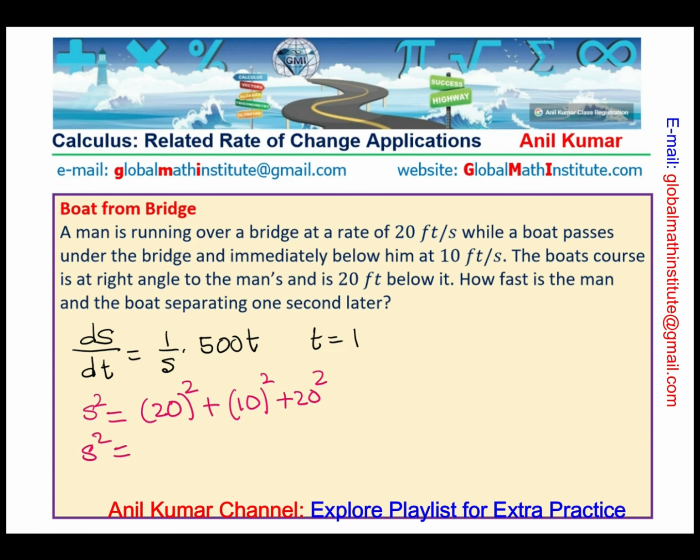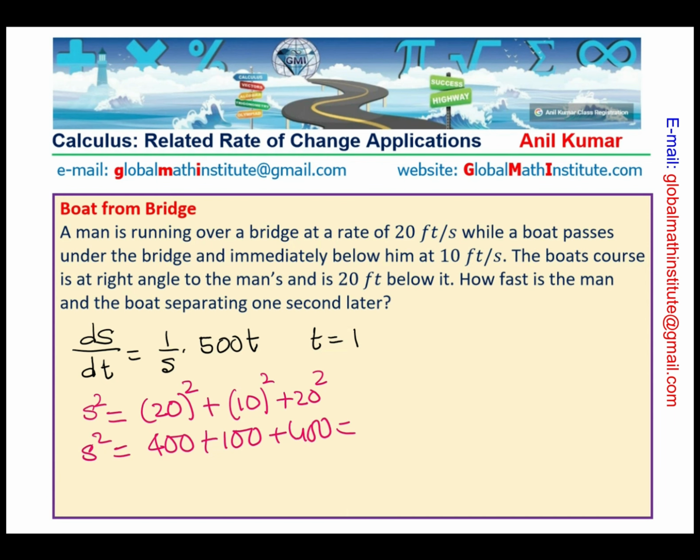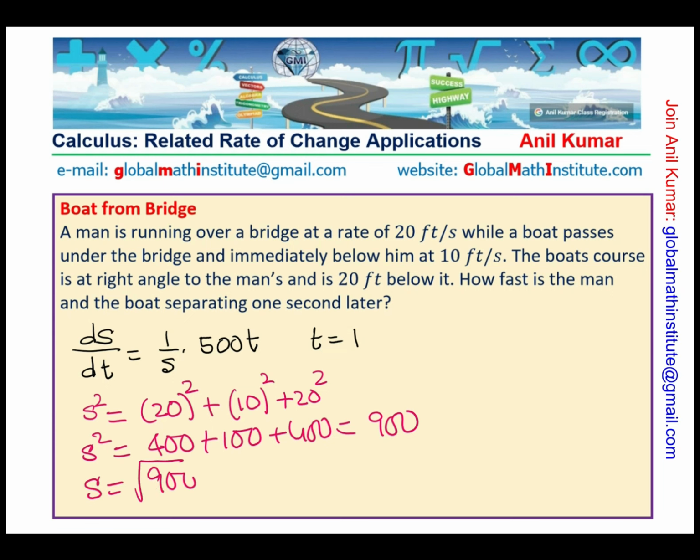So separation square is 400 plus 100 plus 400, which is 900. So s at t equals 1 is square root of 900. We have to take the positive value, which means 30. So we can substitute this value of 30 and find the rate of change of separation.